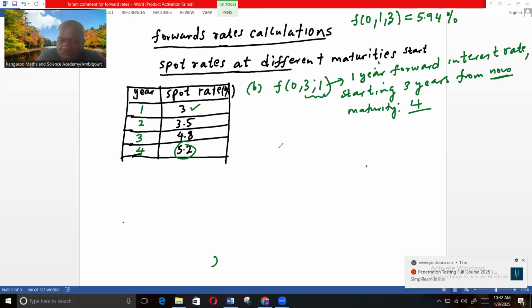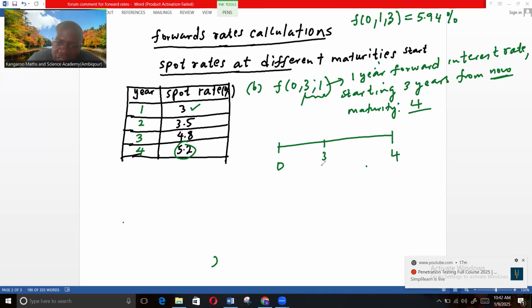So now let's construct a timeline. 0 is the starting point. It's starting in 3 years, but its maturity is 4 years.